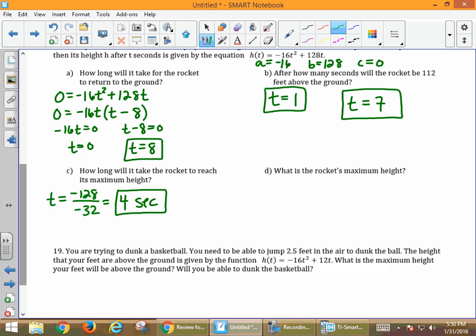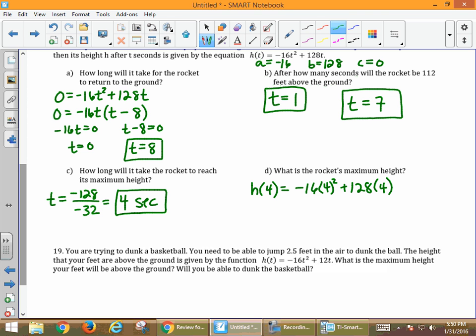And to find the rocket's maximum height, I will plug 4 seconds into the height equation. So the height after 4 seconds. It's negative 16 times 4 squared plus 128 times 4.